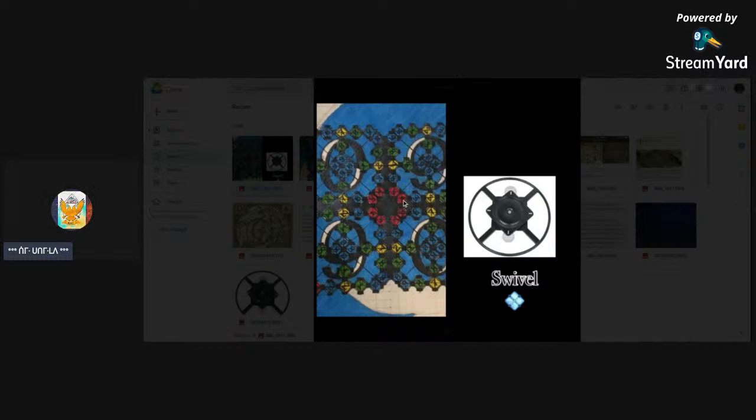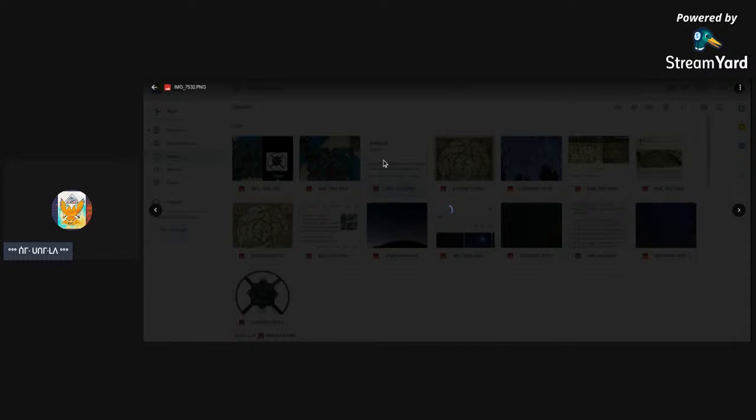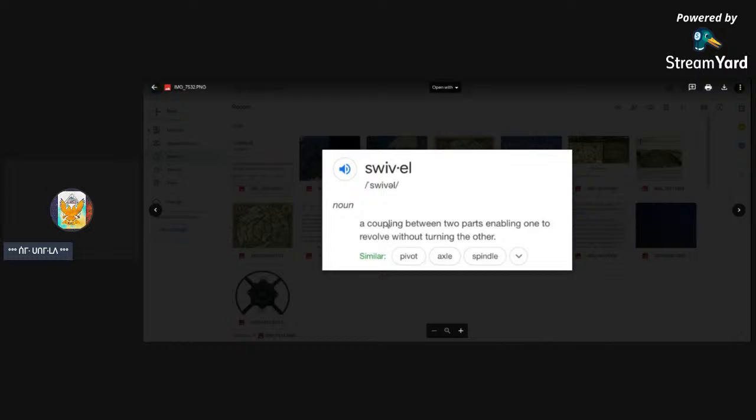And that's what I'm showing, that the same aspect goes on with the numbers. So at the end of the day, the definition of swivel itself needs to be comprehended: a coupling between two parts enabling one to revolve without turning the other.